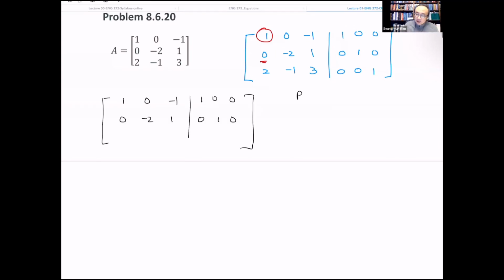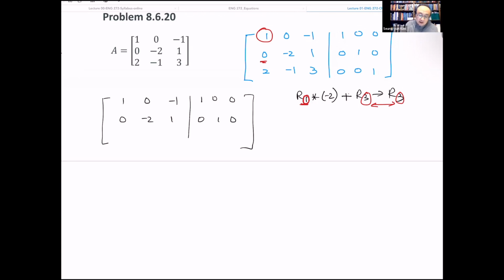We need to use R1 times -2 and add R3, put it back to R3. So again, we always need to use the first row, and these two numbers should be matched up, okay? Add to R3 and put it back to R3.